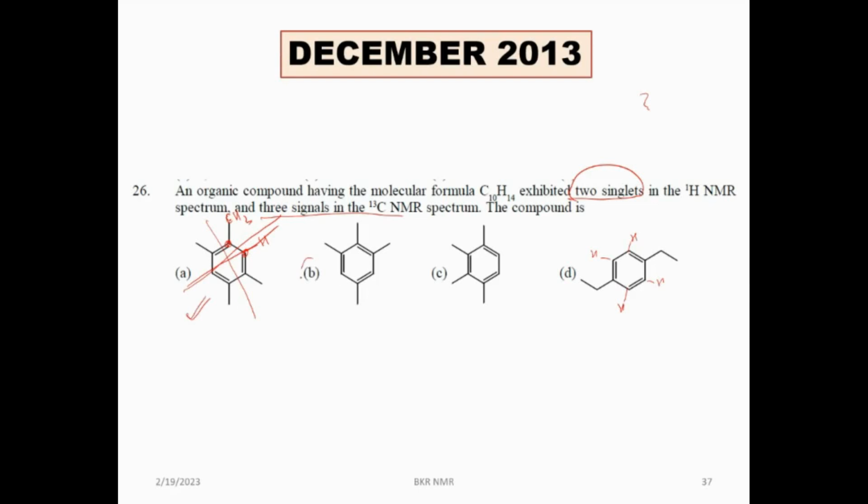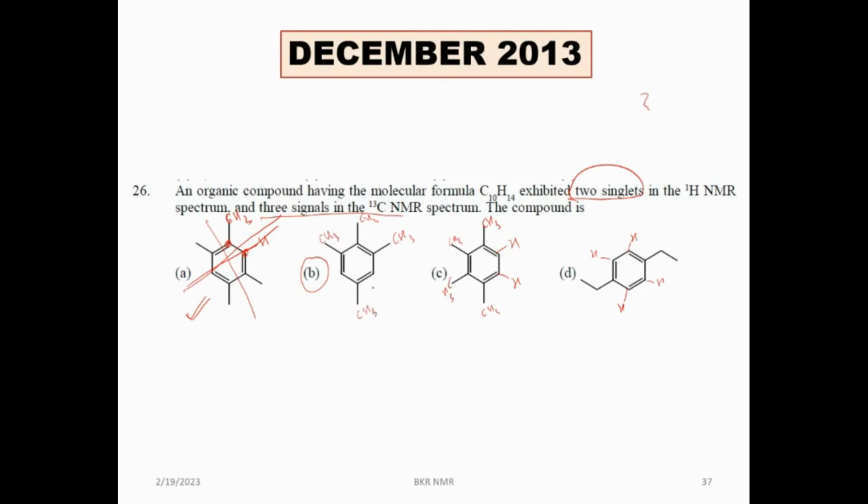Now could you tell me in B how many signals you would observe, how many hydrogen and how many carbon? You are quick enough to tell me the answer, option 1.